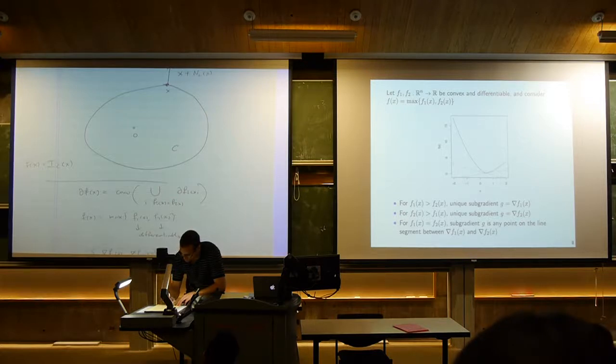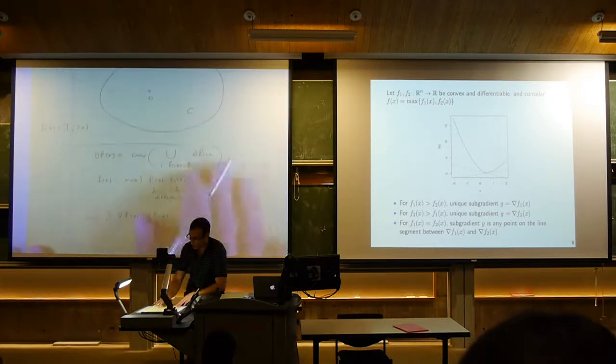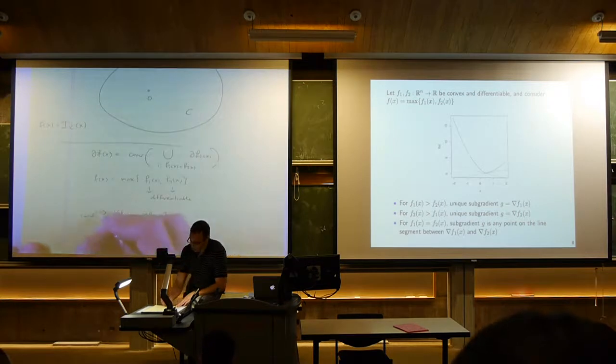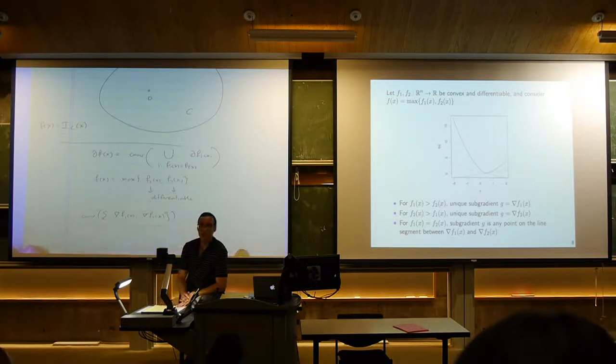And I take the convex hull. According to this rule, that's going to give me the set of all subgradients of my function. And what's the convex hull of just 2 points? It's just the line segment that joins those 2 points. That's all it is. So that was exactly the rule that we wrote down before.